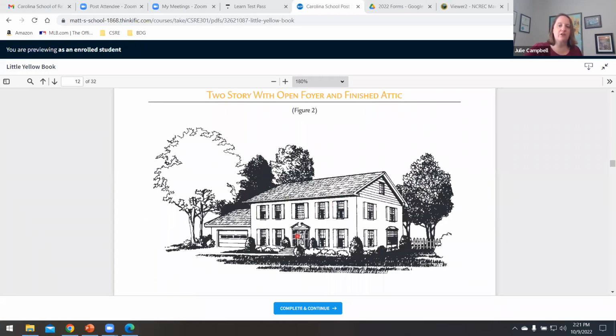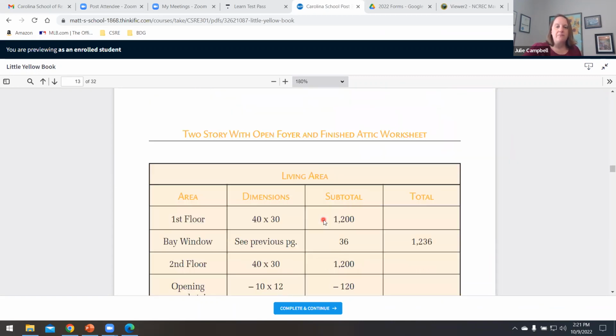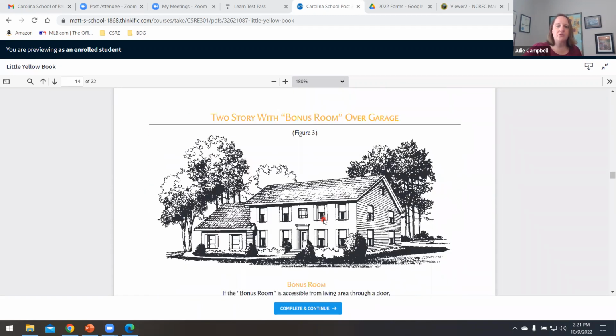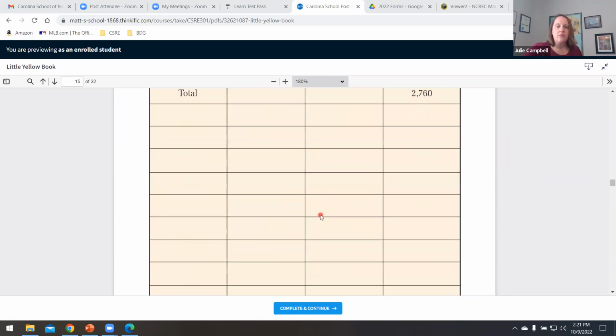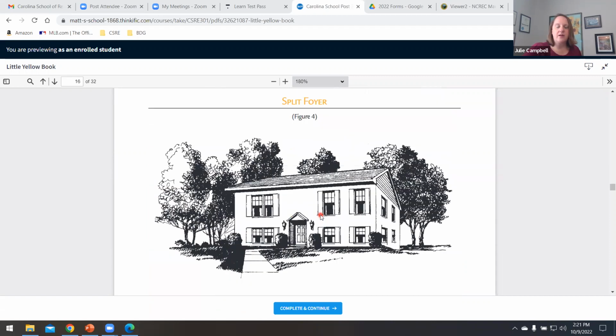This is an example where we could measure the 1st floor and then say times 2, because look, I don't have a garage to deal with in the 1st floor, do I? That thing is completely separate and on its own. There's a 2-story with a bonus room. Here is split foyer. You walk in the front door, you've got 2 choices.